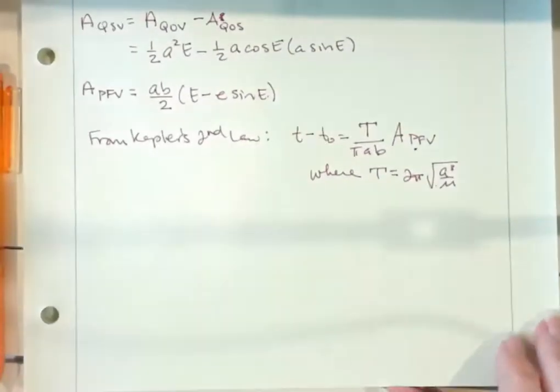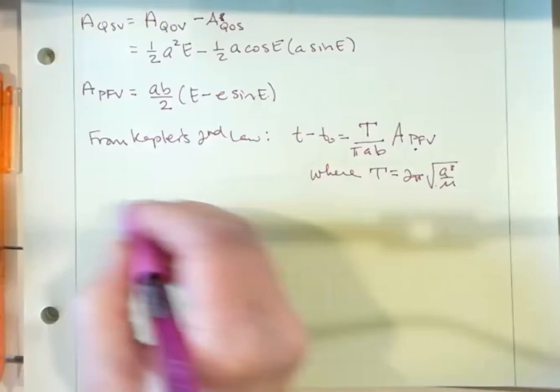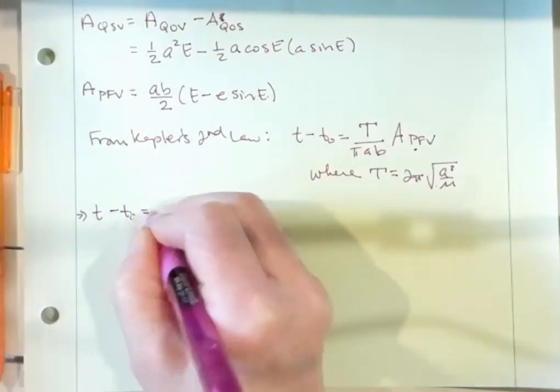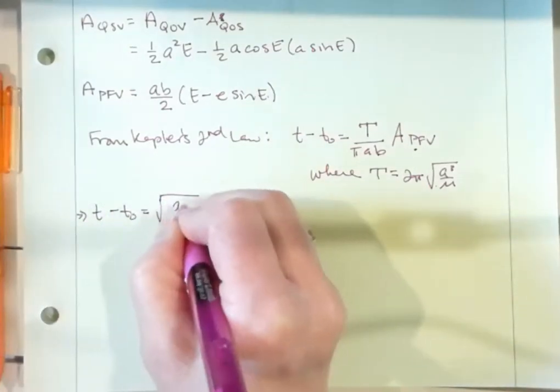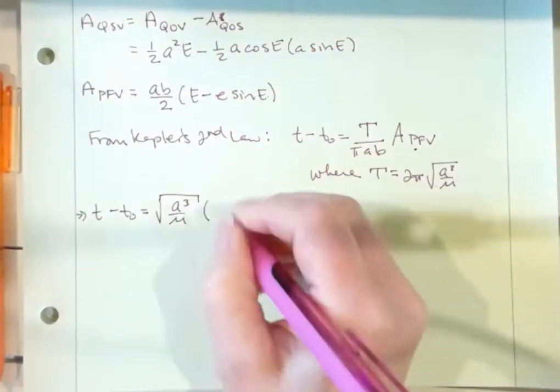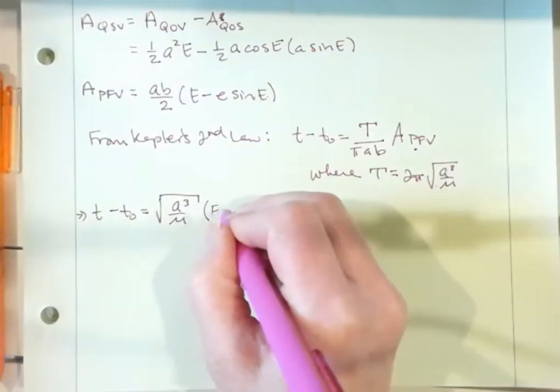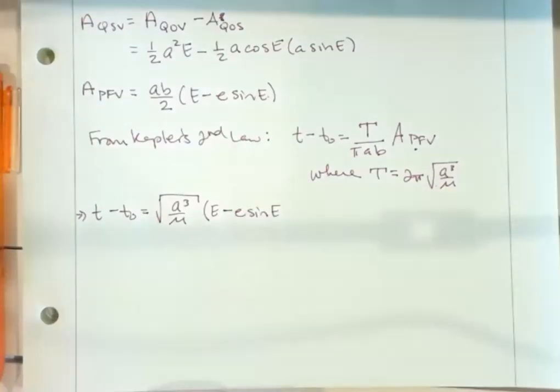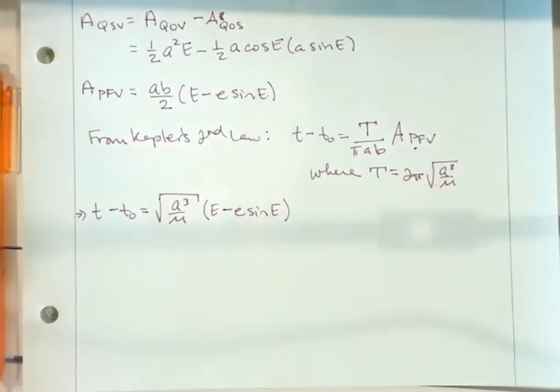Now, once we do that, we're going to have T minus T0 equals square root of a cubed over mu times capital E minus little e times sine of capital E. Close that parenthesis.